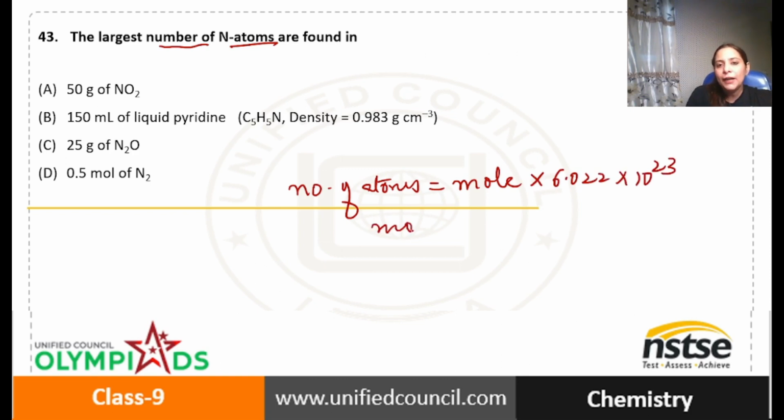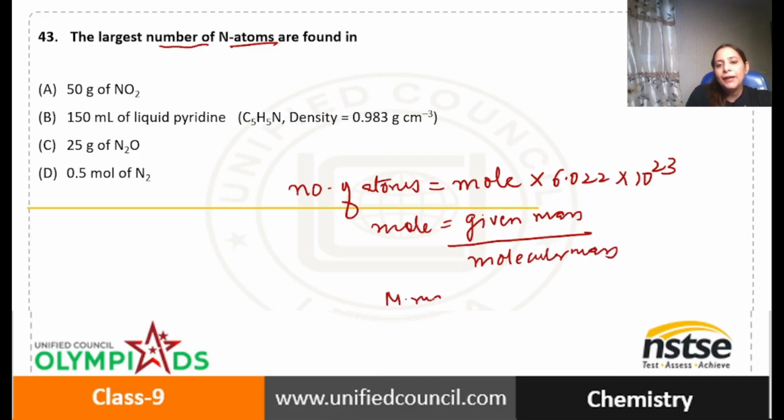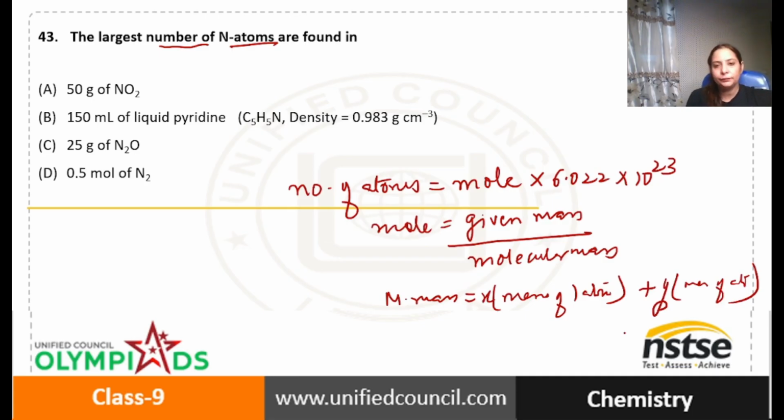And you also know that we can find moles by using the given mass divided by the molecular mass. And we also know that we can find the molecular mass by writing the mass of one atom, adding it to the mass of another type of atom, and if the number of atoms is 2 or 3, you multiply with coefficients 1, 2, 3 depending upon the number of atoms that make that particular molecule.